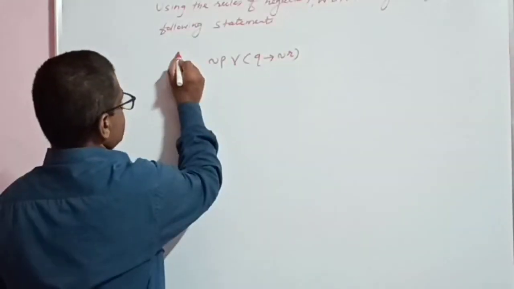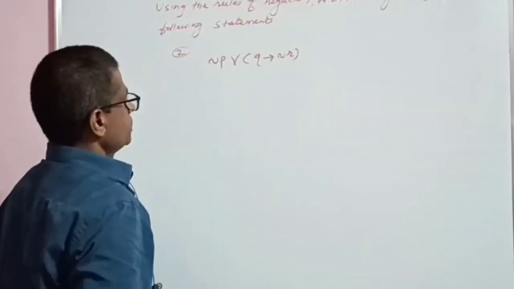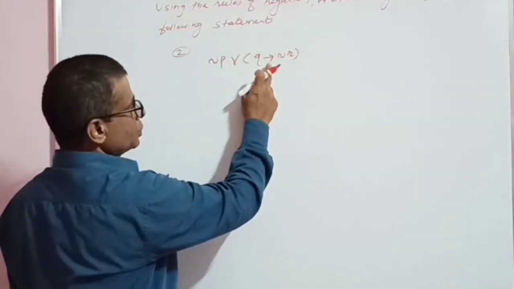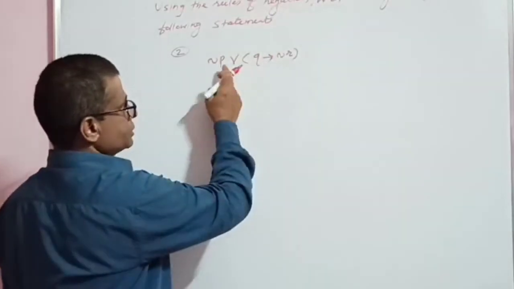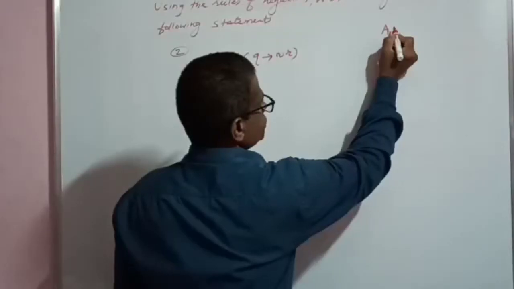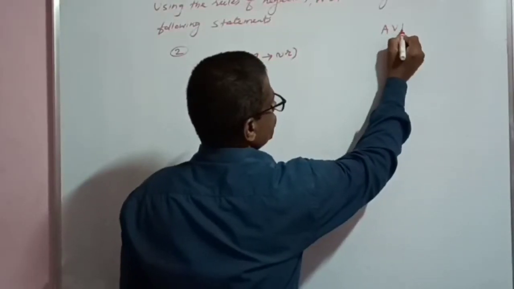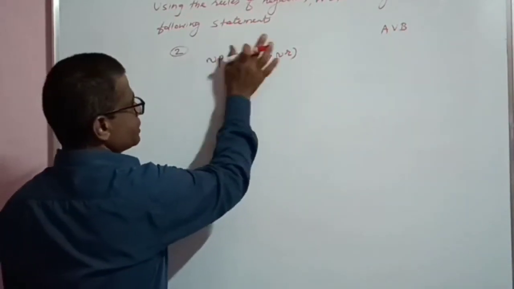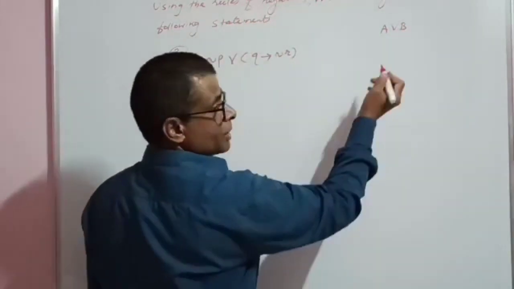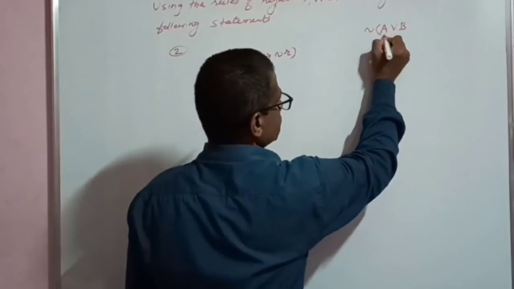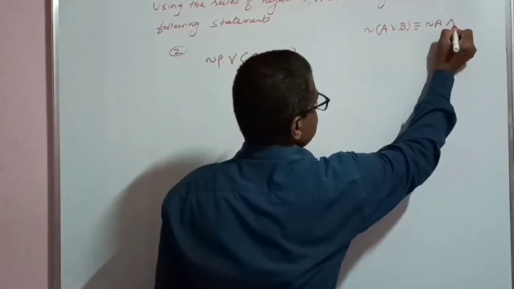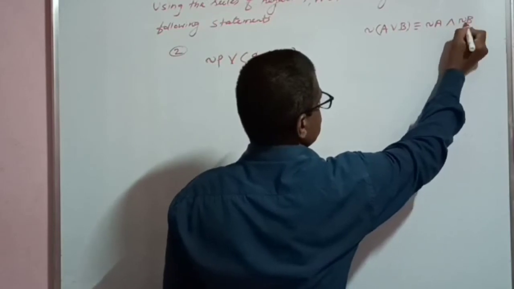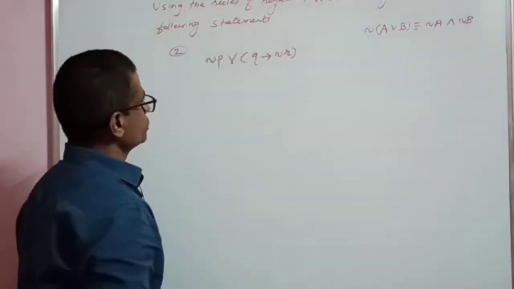Take the next example. Negation of P disjunction Q implication negation of R. Again, this is in the form of a disjunction of two statements. This is one statement, this is the second statement. So by using the rule of negation of disjunction, negation of A disjunction B changes to negation of A conjunction negation of B. That is nothing but De Morgan's law.